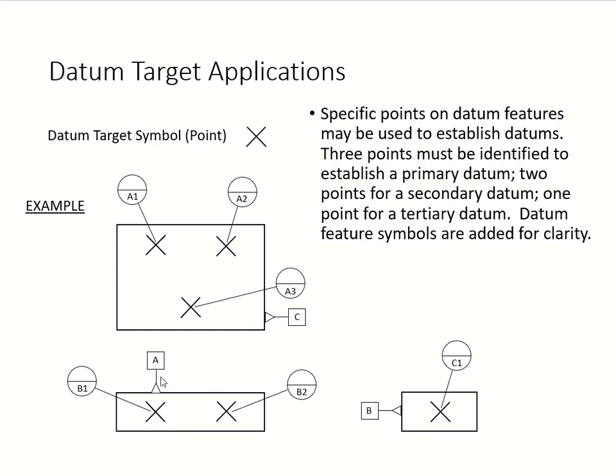Same thing here, point, point, feature, feature, and then point. So here we have primary datum because it's A anyway. This one secondary, and that one is your tertiary.